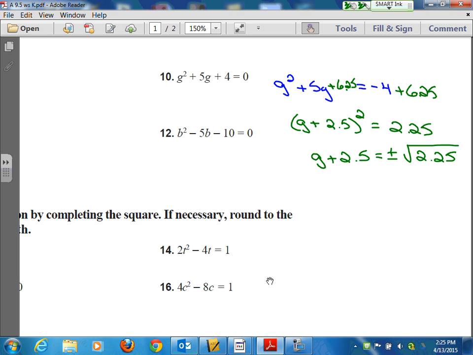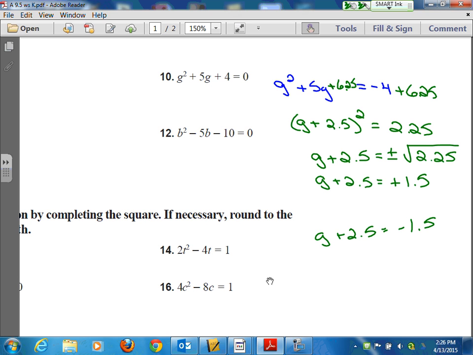All right, so I am going to bring g plus 2.5 equal sign. The first time I'm going to write a plus 1.5. The second time I'll write the equation g plus 2.5 equals a negative 1.5.